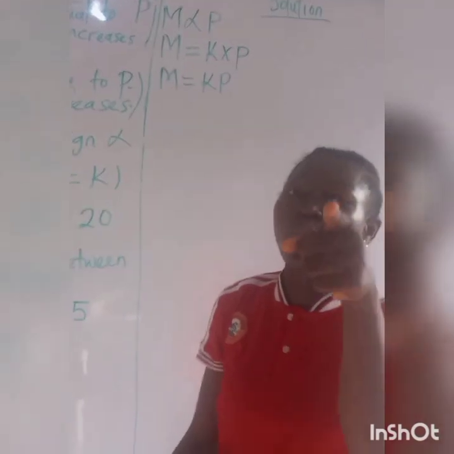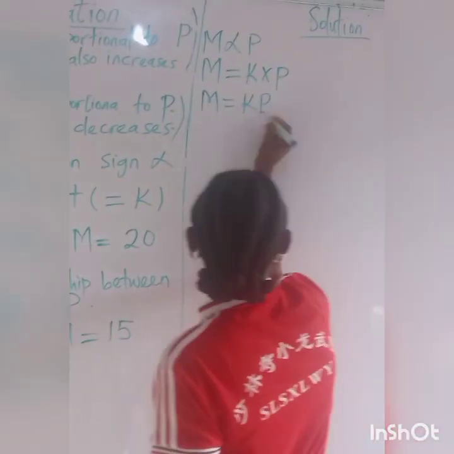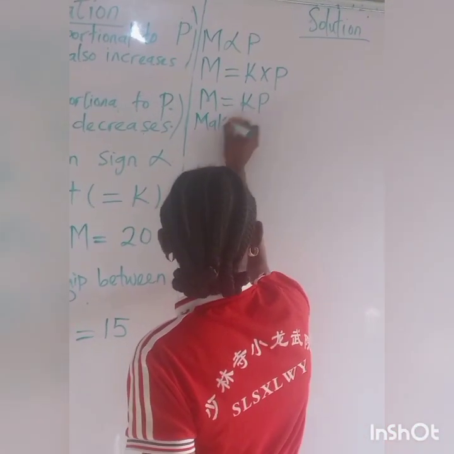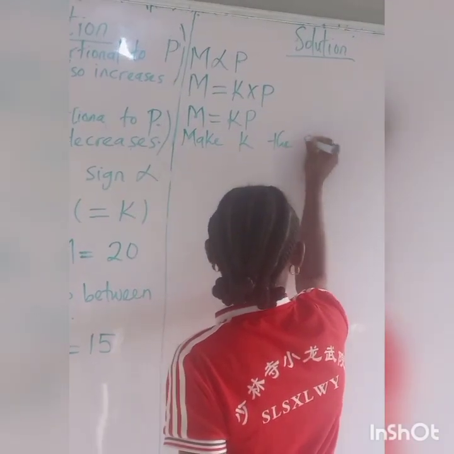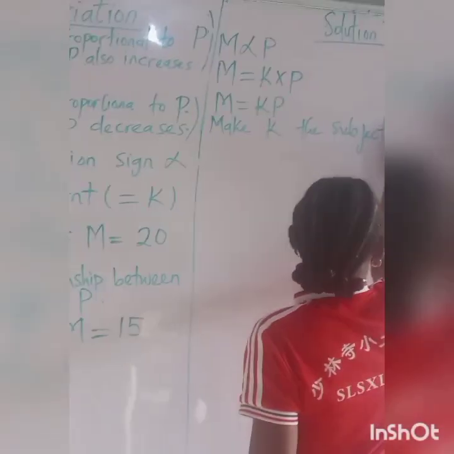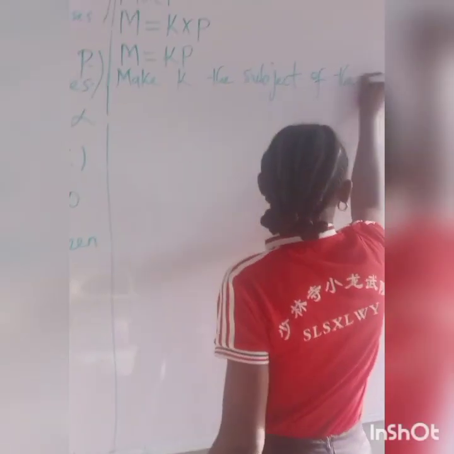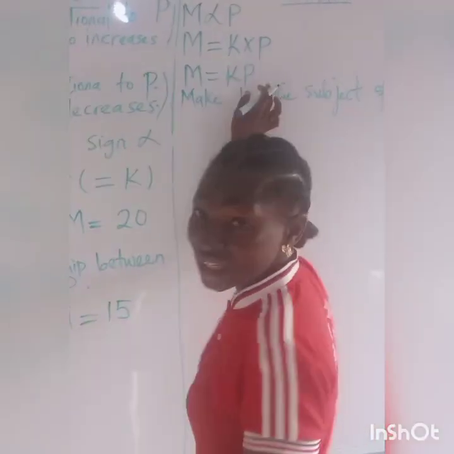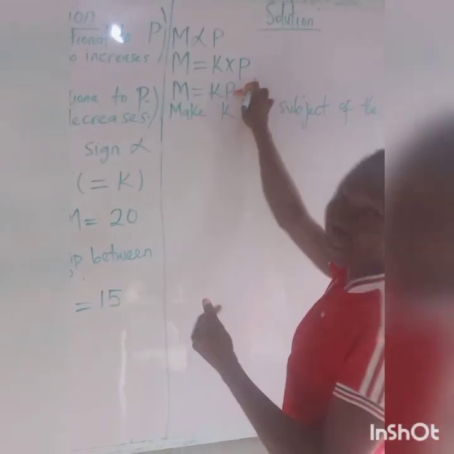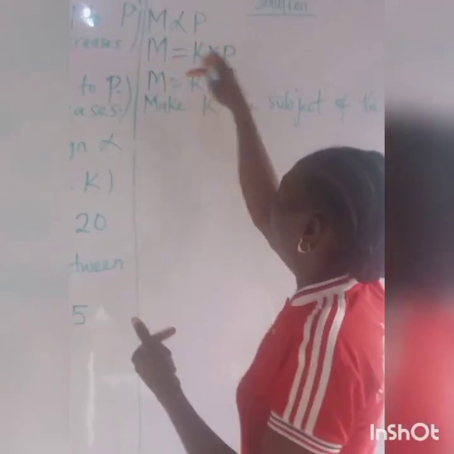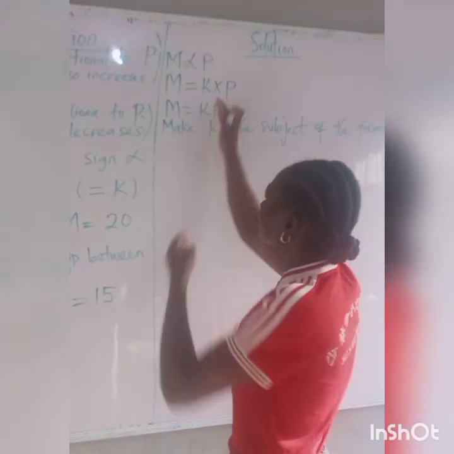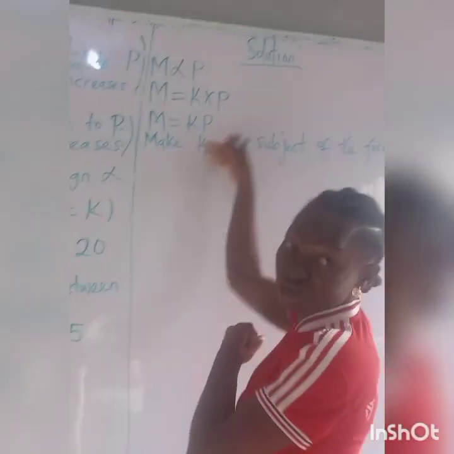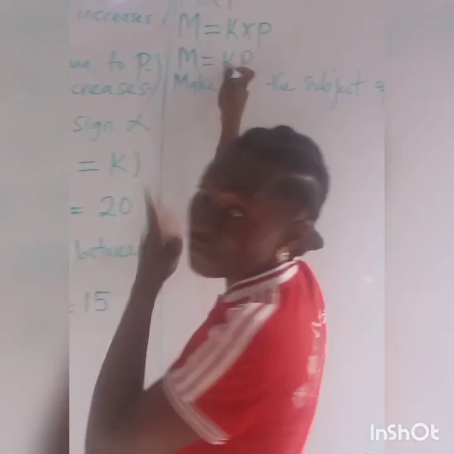Now I want to make K the subject of the formula. That simply means I want to bring out K. So to bring out K, I will divide both sides by the letter beside K. So I divide both sides by P: this side over P, this side over P, so that I get to cancel that P, and I have my K left.